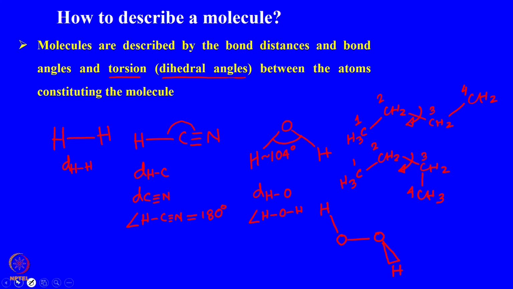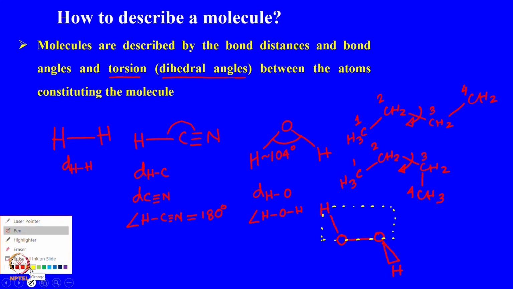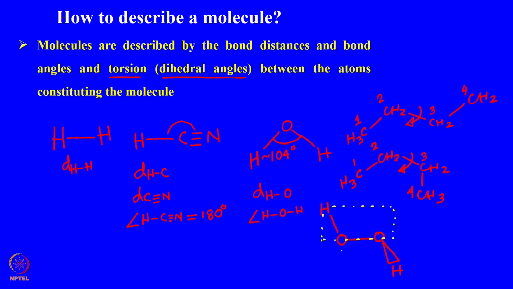The way we have drawn it, the two oxygens and this hydrogen are in the plane of the projection, and the other hydrogen along with the two oxygens is above the plane of the projection.